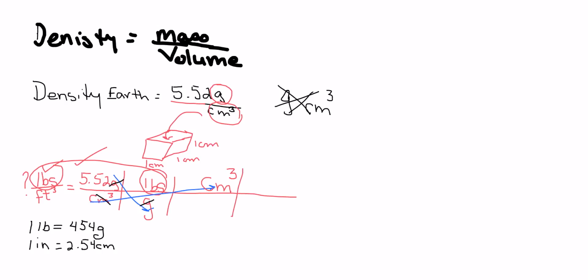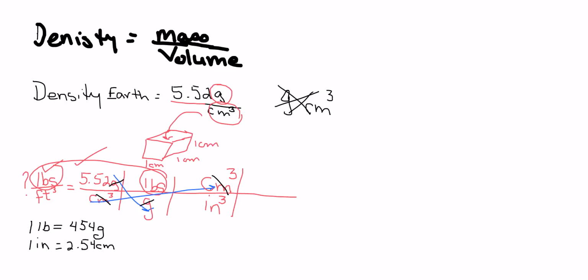And what unit did I know that relates the metric system with our system in length? Inches. So in the denominator, I'm going to do inch cubed. Now in class, we talked about a really handy way of working in both areas, which would be squared, and volumes. And the way we did it, we said, okay, do I know the linear relationship between centimeters and inches? And the answer is yes.